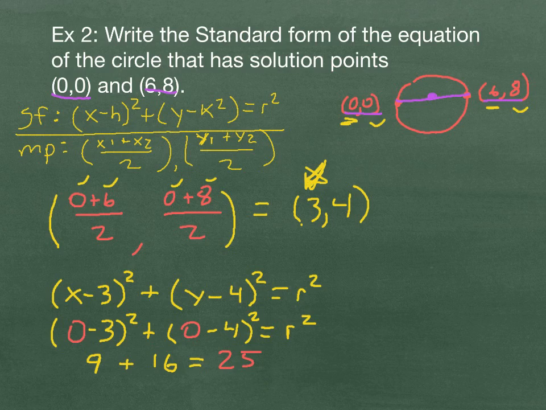So it's this one over here. I'm going to do it. X minus 3 squared plus y minus 4 squared equal to what I already gave you for r squared, which was 25. And this will be your final equation.